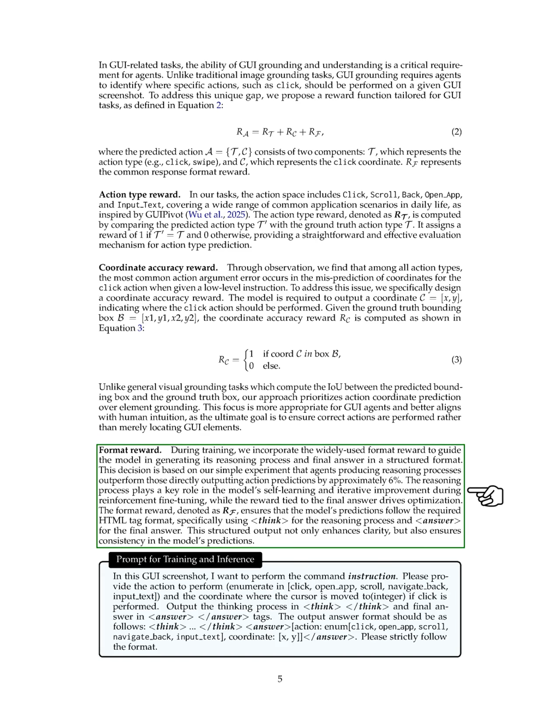We also use a format reward during training to help the model generate structured reasoning and final answers. Our experiments show that agents that produce reasoning processes perform better than those that only output action predictions. The format reward ensures that the model's outputs adhere to a specific HTML tag format, enhancing clarity and consistency in predictions. In summary, we emphasize the importance of structured outputs and accurate predictions in our training approach for GUI agents.